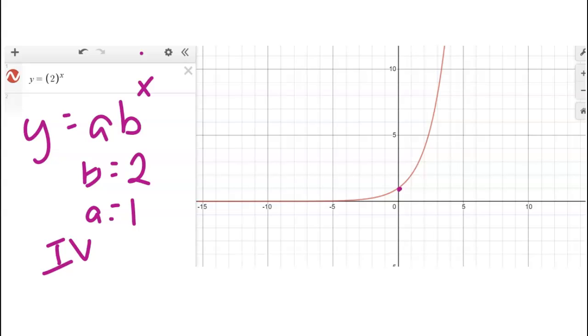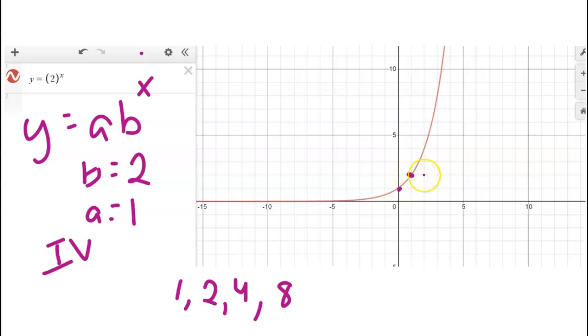And then b is going to be what that multiplies by every time I move forward. So we've got 1, and then we're going to multiply that by 2. 1 times 2 is 2. We're going to multiply that by 2. 2 times 2 is 4. We're going to multiply that by 2. 4 times 2 is 8. So as I go forward, my next point over, so I go over 1 and up, should be 2.